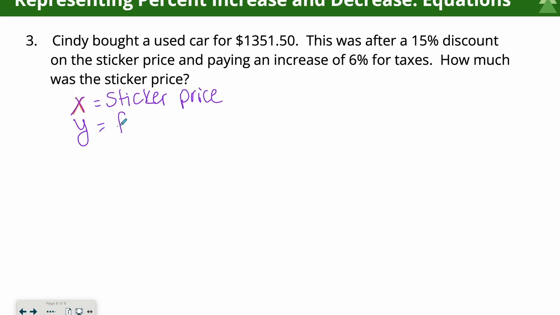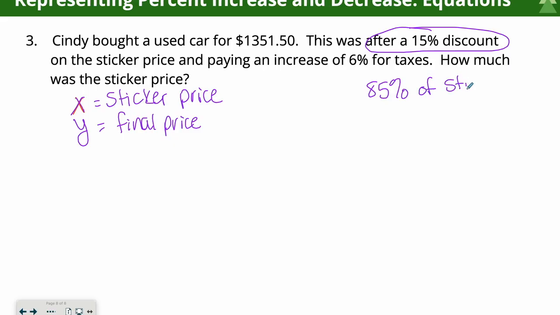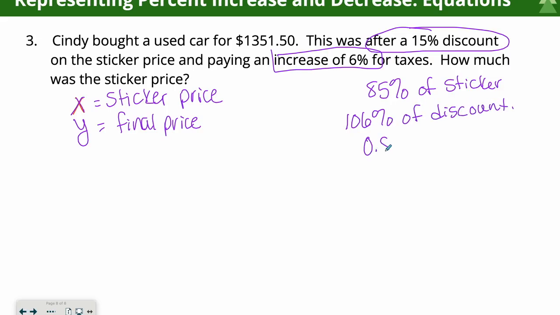Y is going to be the final price. Now let's think about the percents. After a 15% discount means she's paying 85% of the sticker price. And then an increase of 6% means she's paying 106% of the discount price.